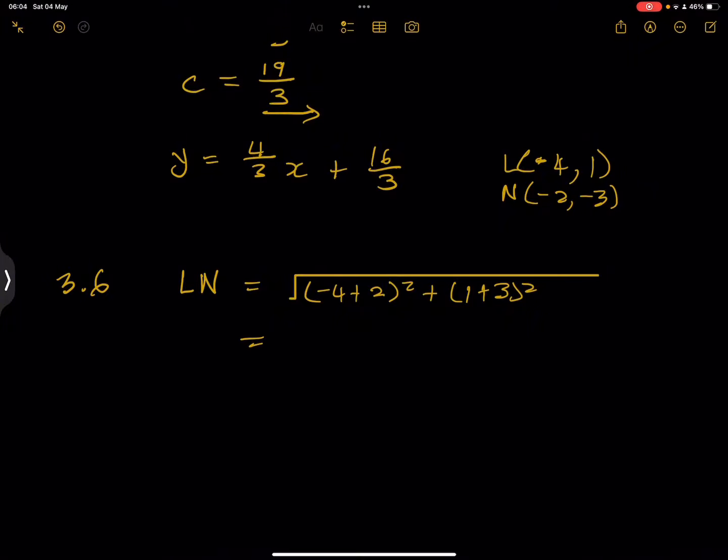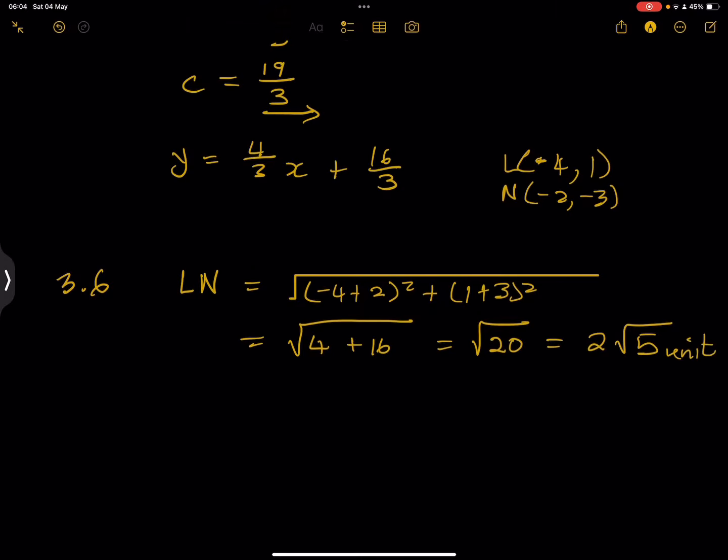We've got -4 plus 2 gives us -2 squared. That gives us 4. So we've got 4 plus 4 squared again. That gives us 16. So that gives us the square root of 20, right? 20 is 4 times 5. So we can write this as 2 root 5 units.